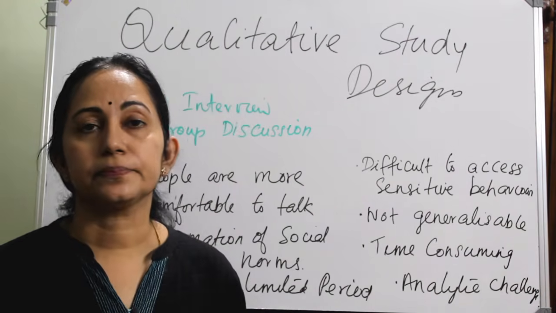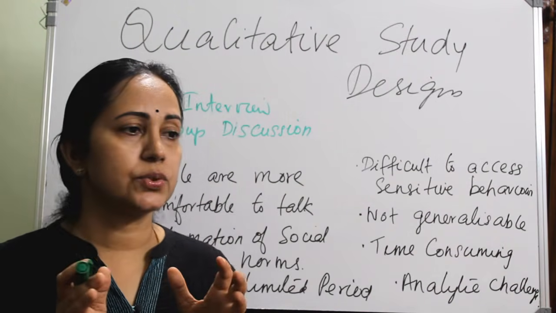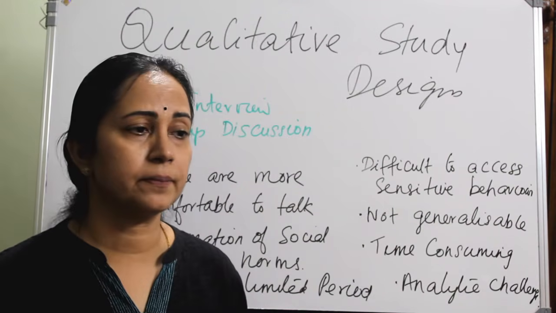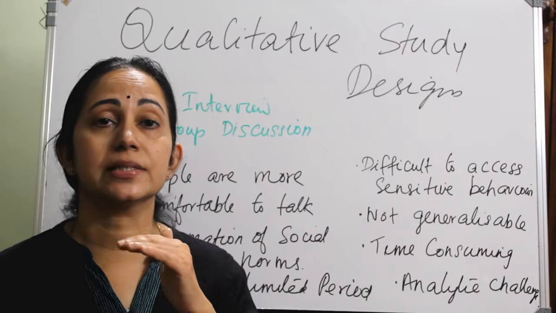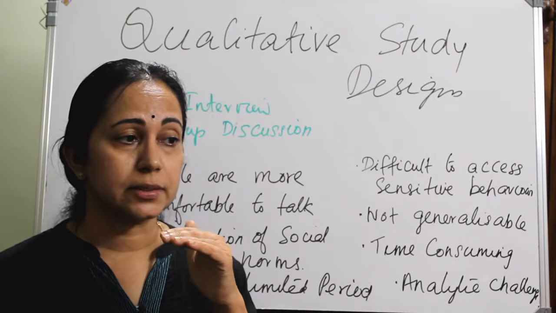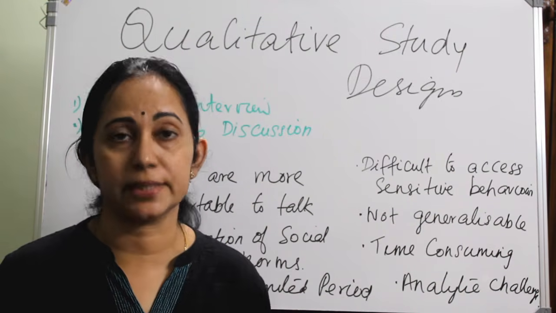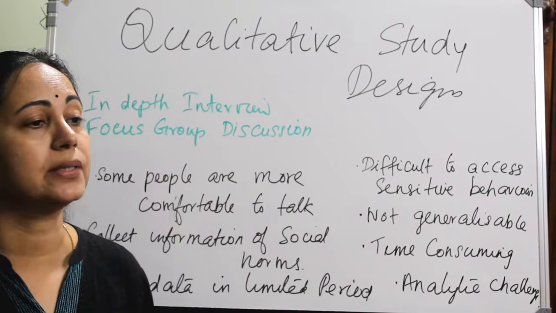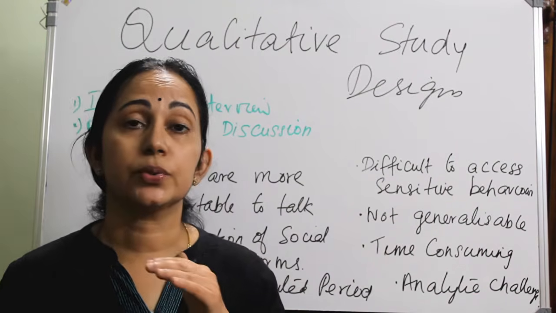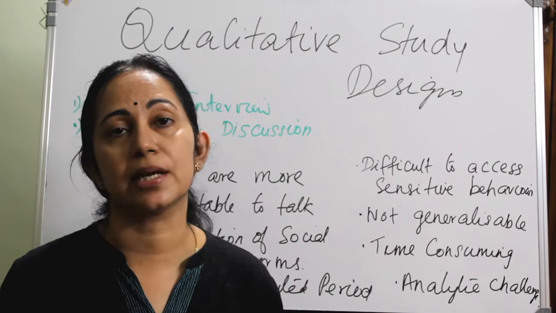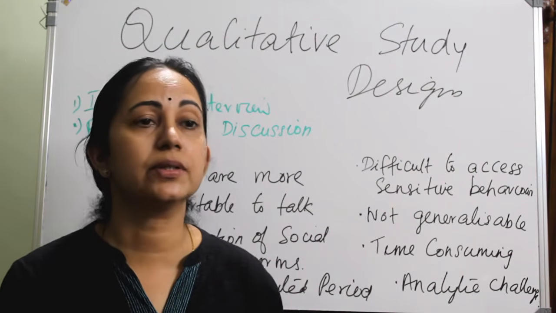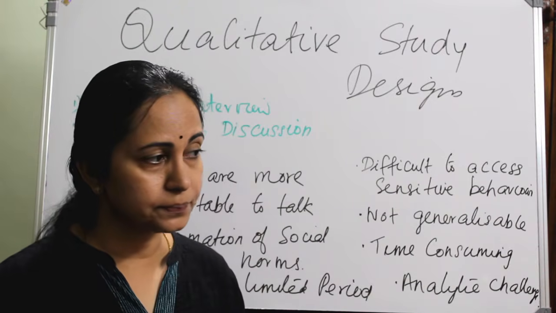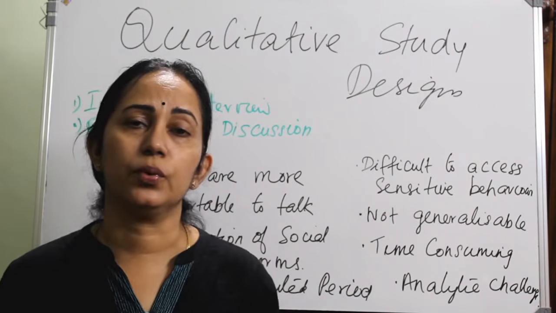But there should be at least 6 to 8 or maximum 10 participants in a focus group discussion, and all the participants should have the same belief or be of the same category. The age should be the same, preferably the gender should be the same, and also their social beliefs, their educational standards, the socio-economic standards, everything should be the same.